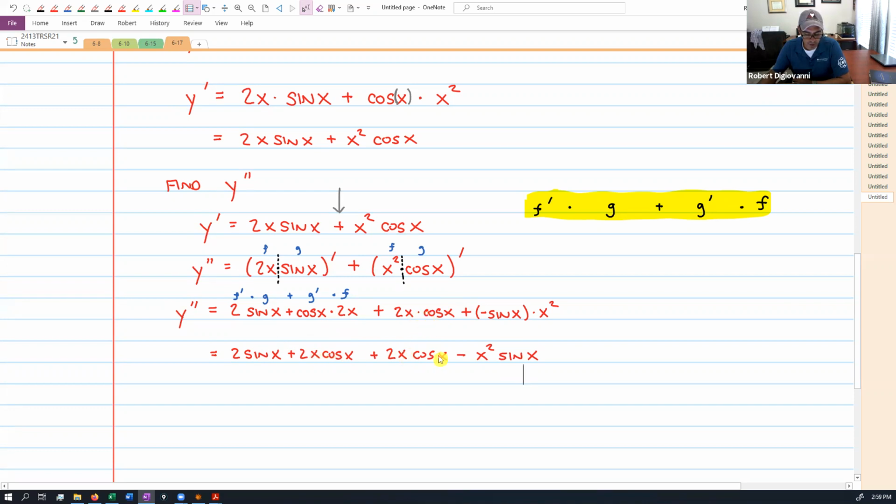Here, 2x in front of cosine. Here, I brought the x squared out in front of the sine x and put the minus instead of the plus minus. So y'all see we can combine some like terms together. You'll see we have two things that are the same. So we can go 2 sine x plus 4x cosine x minus x squared sine x. That would be your second derivative.